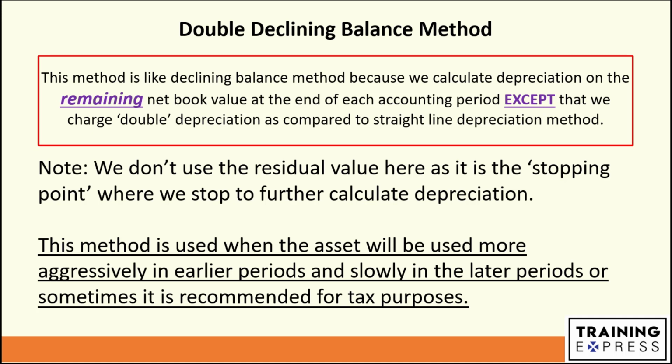Now let's talk about our last method, the double declining balance method. This method is like the declining balance method because we calculate depreciation on the remaining net book value at the end of each accounting period, except that we charge double depreciation as compared to the straight line depreciation method.